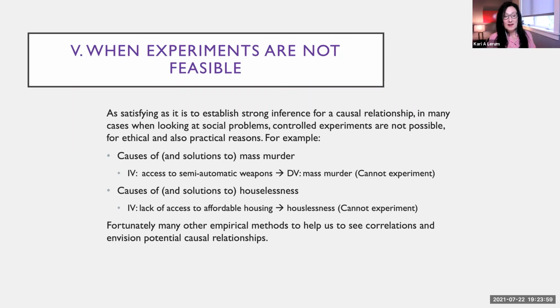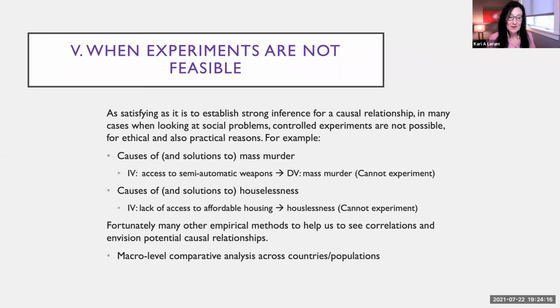But fortunately, there are many other empirical methods to help us see these correlations and envision possible causal relationships. And that's where most of us have to land because of this inability, for ethical and practical reasons, to actually experiment on people.